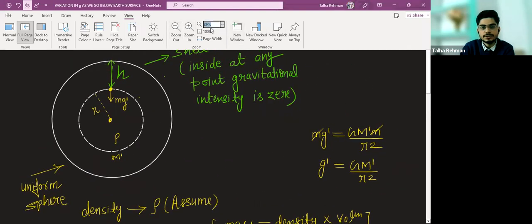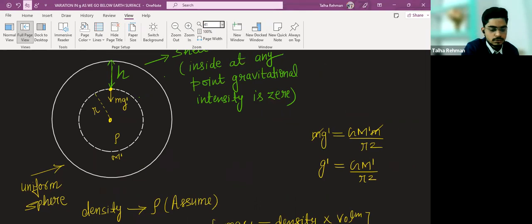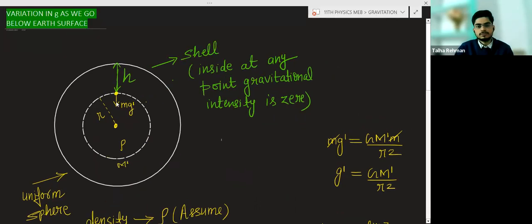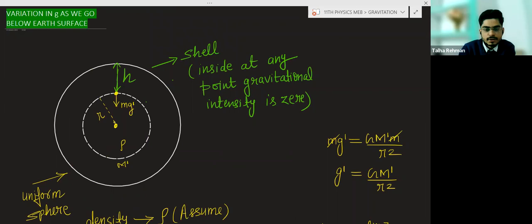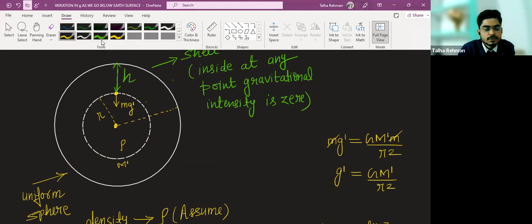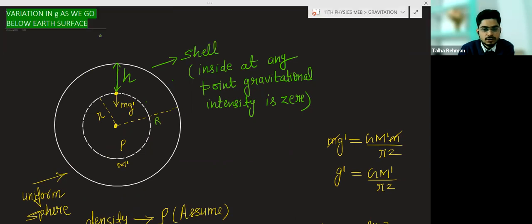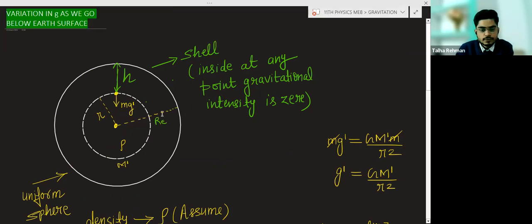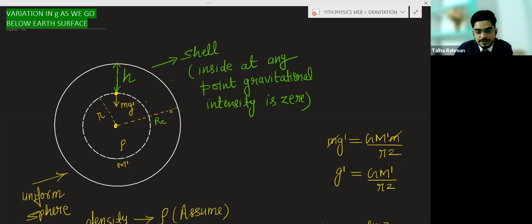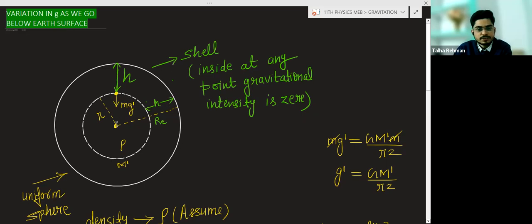What is this h? See here, this whole length from here to here will be the radius of the earth, and this is the height h.